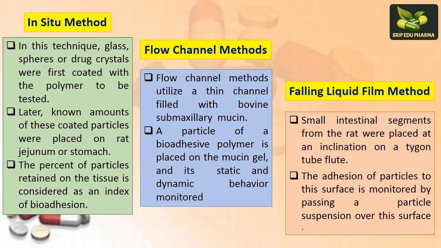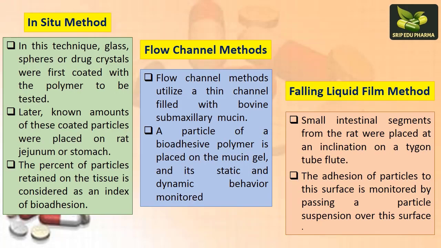In this method, a small intestinal segment from a rat is placed at an inclination on a Tyson tube fluid, and then the adhesion of particles to this surface is monitored by passing a particle suspension over this surface. So these are the three methods by which we can assess the mucoadhesion or bioadhesion property of polymers.